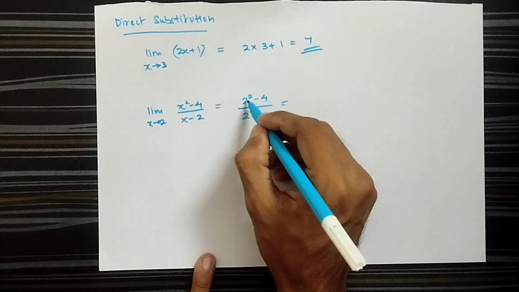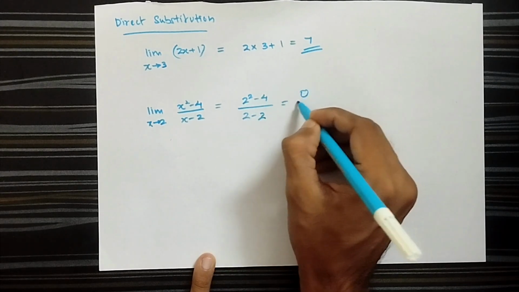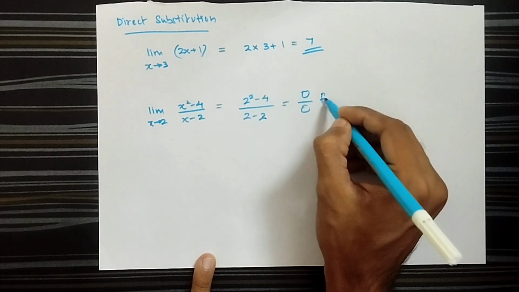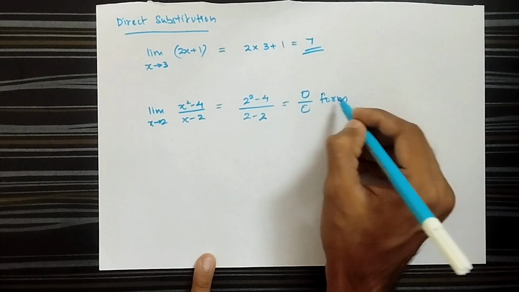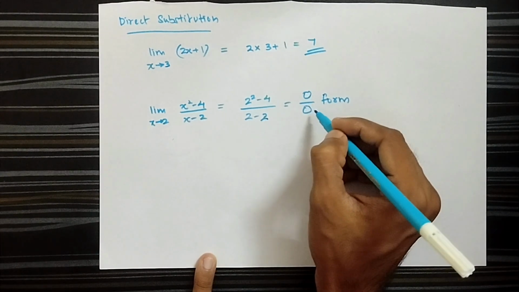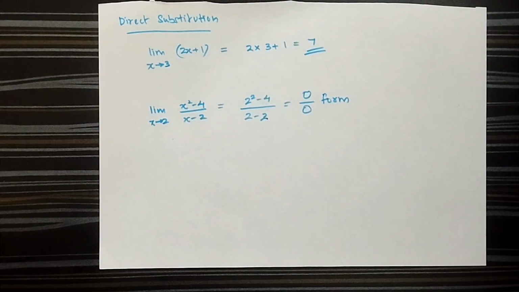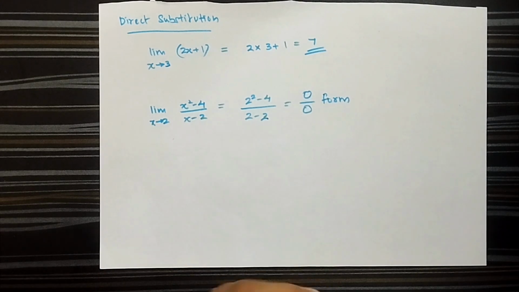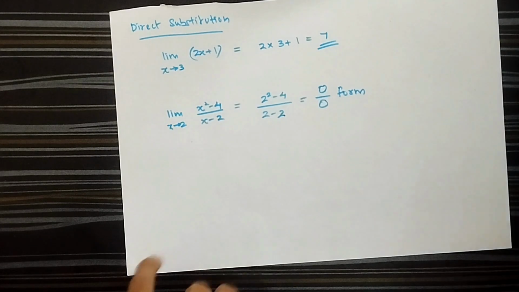What would this be equal to? 4 minus 4, 0, divided by 2 minus 2, 0. We get this in the 0 by 0 form. Now we cannot have a limit evaluating to 0 by 0. It can either be 0 or it can be undefined. This is 0 by 0. So what does that mean? We have to find another method.